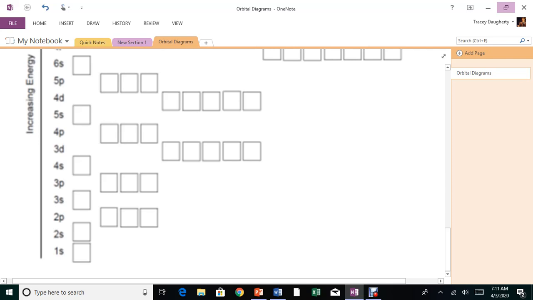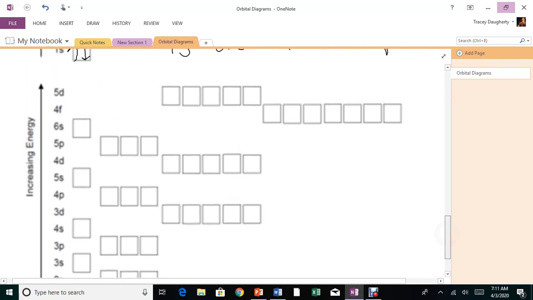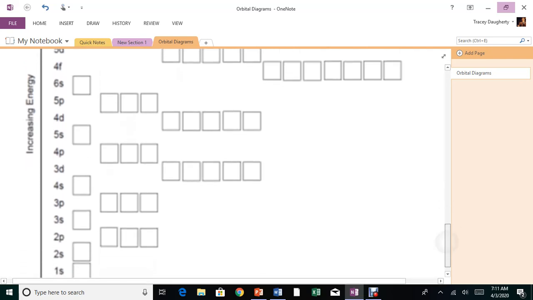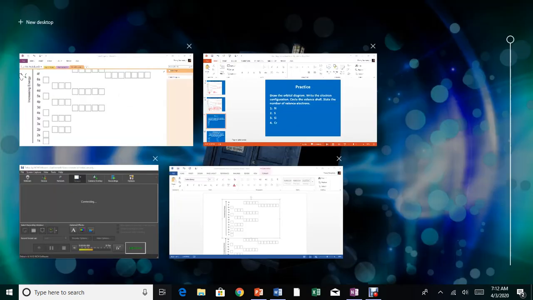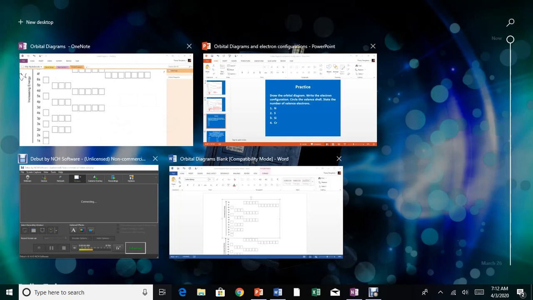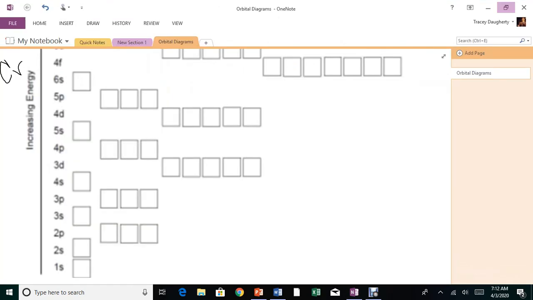And now for the last one, which I want to show you how the valence shell works for a d orbital. So I want to do Cr, and Cr has 24 electrons.